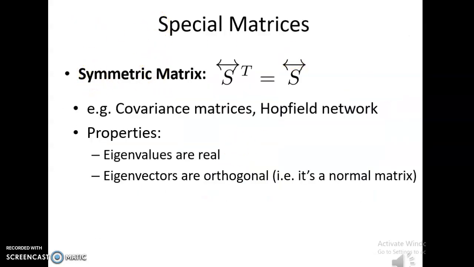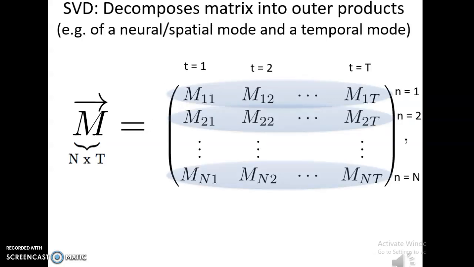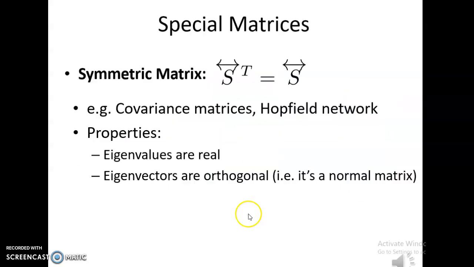Special matrix: the symmetric matrix. In a symmetric matrix, S transpose equals S. Covariance matrix and Hopfield network are examples.